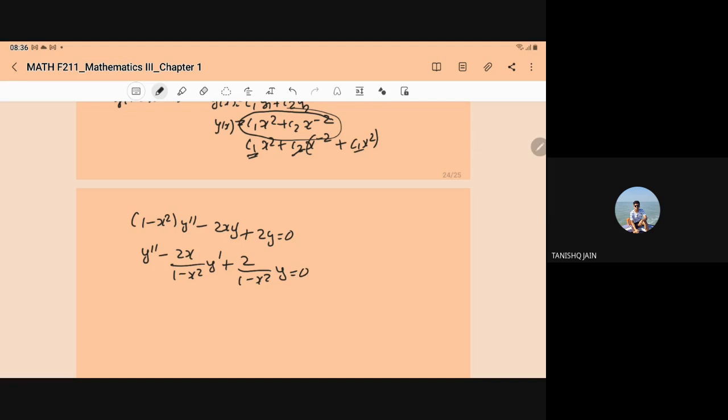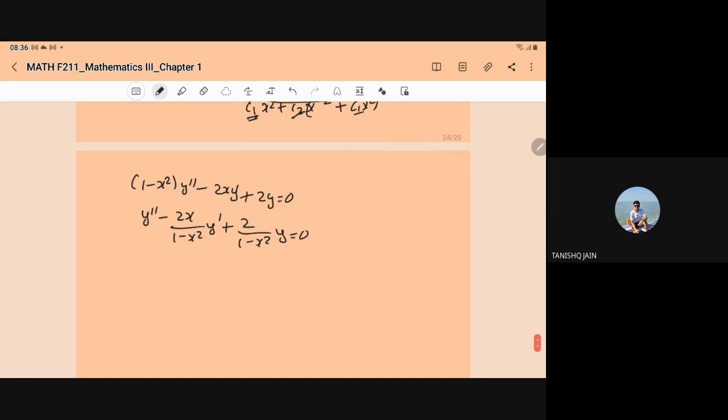So here p(x) is equal to minus 2x upon 1 minus x square, and q(x) is 2 upon 1 minus x square.